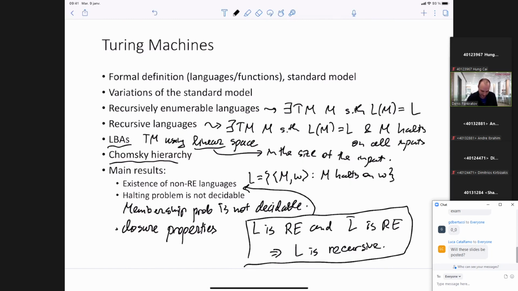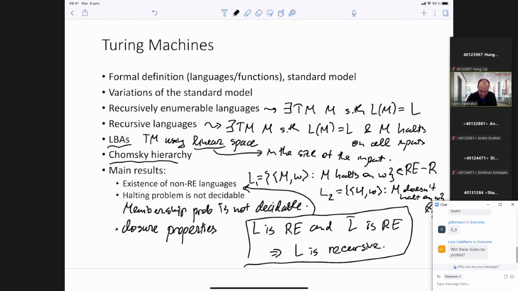That's one of the things that we established. And so its complement, so let's say this is L1, this is L2, such as M, W, where M doesn't halt on W. This language is not recursively enumerable, whereas this language is recursively enumerable, but it is not recursive.